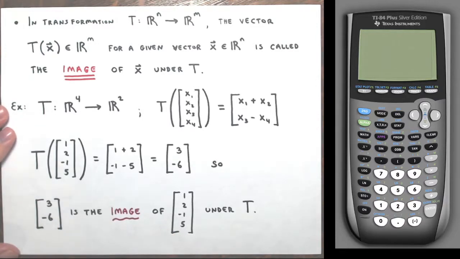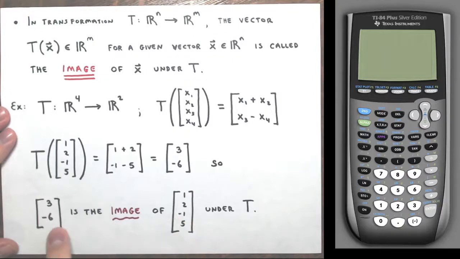Basically, when you say a vector is the image of something, that means that this vector is mapped to by this input. So (3, negative 6) is the image of (1, 2, negative 1, 5) under T. I hope that made sense. That's the only one I wrote, because it's very simply just plugging in values, replacing variables with numbers and getting outputs. And then that output is the image of the input.